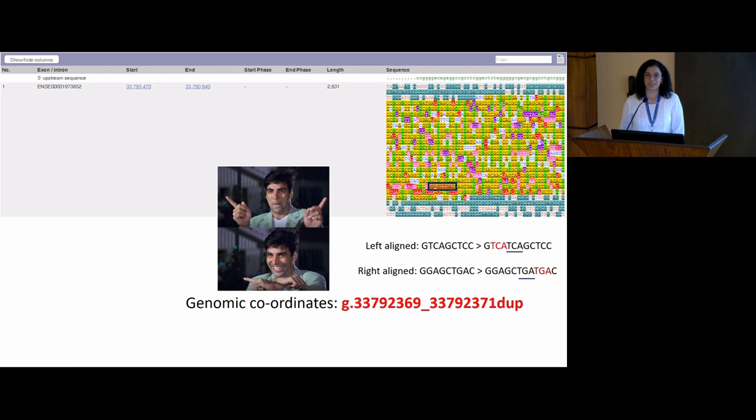But because it is present on the reverse strand, we'll have to swap it, right? So our TCA which is inserted here gets converted to AGT. We are reading it on the reverse strand, so it is converted to AGT, which is a duplication of the next AGT which is found here. Correct? So the genomic coordinates are from 369 to 371, there is a duplication.